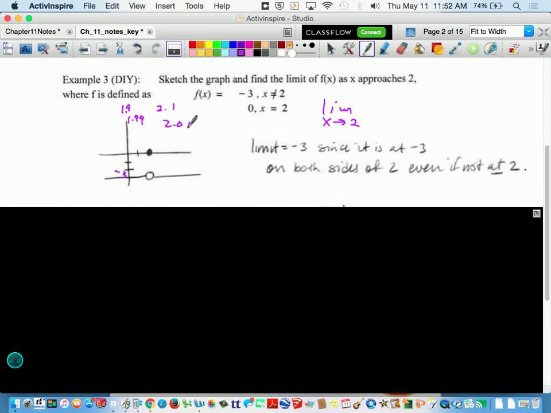You're going to keep picking things coming in this way and coming in this way, right? But where would the output dots be on your graph as I get closer to 2? There'd be a dot here and one here and one here and one here. So what are we getting closer to? My outputs are close to -3.